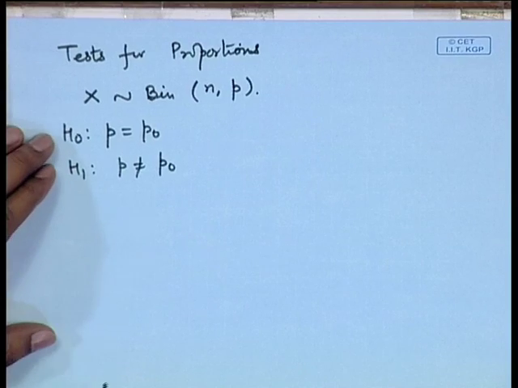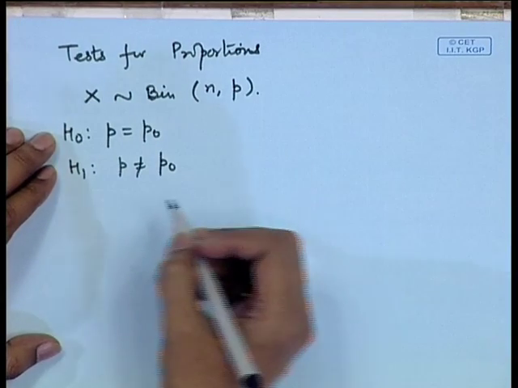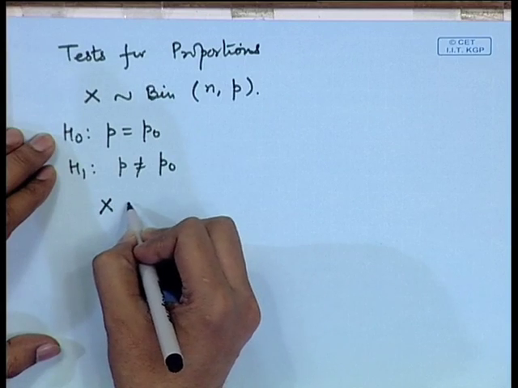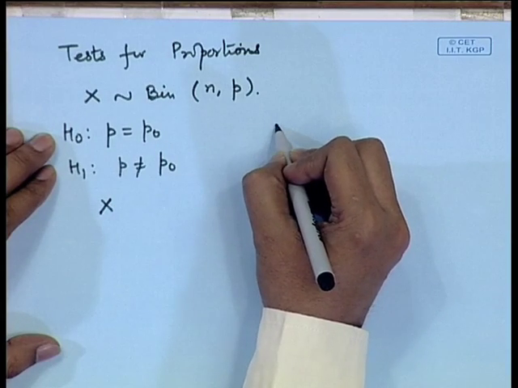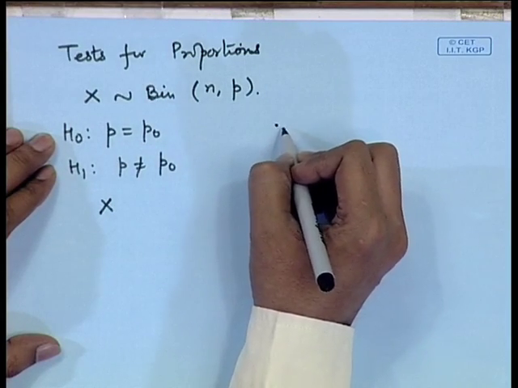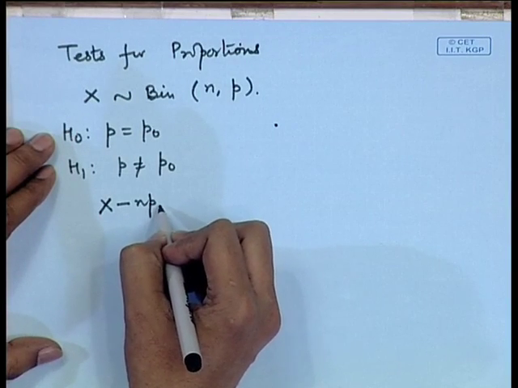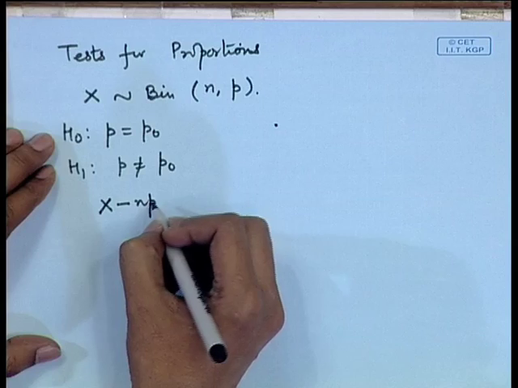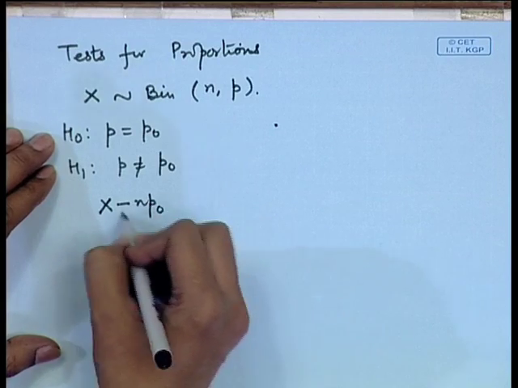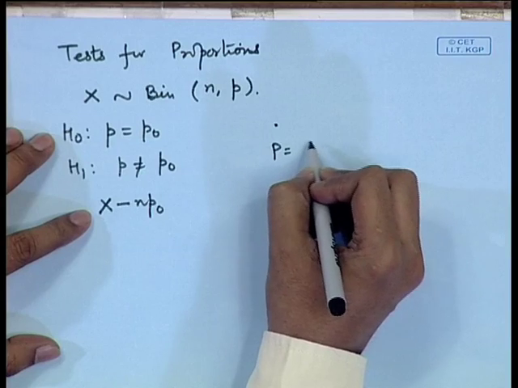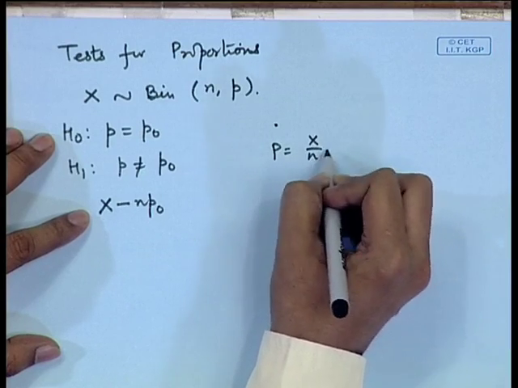Now, here we have seen we may consider the test statistic based on X, because the distribution of X is binomial. So, if we consider X minus n p naught, we may divide it by this. So, we are dividing by n here, so p hat is equal to X by n.